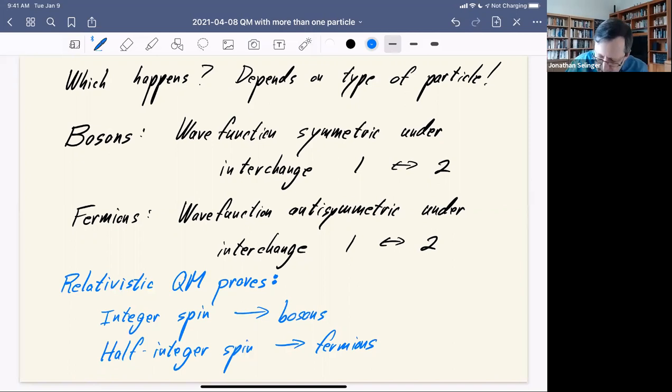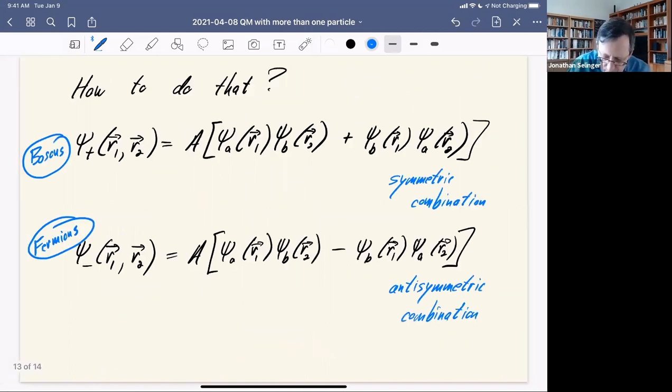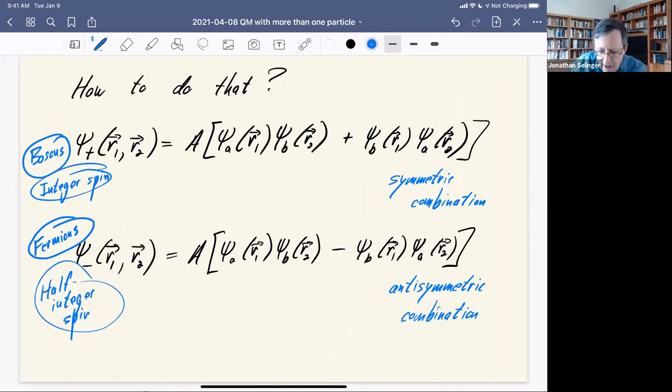And so integer spin combines in this symmetrical way, and half integer spin means combining in this anti-symmetric way. So an integer spin, well, of course, that's any integer, right?